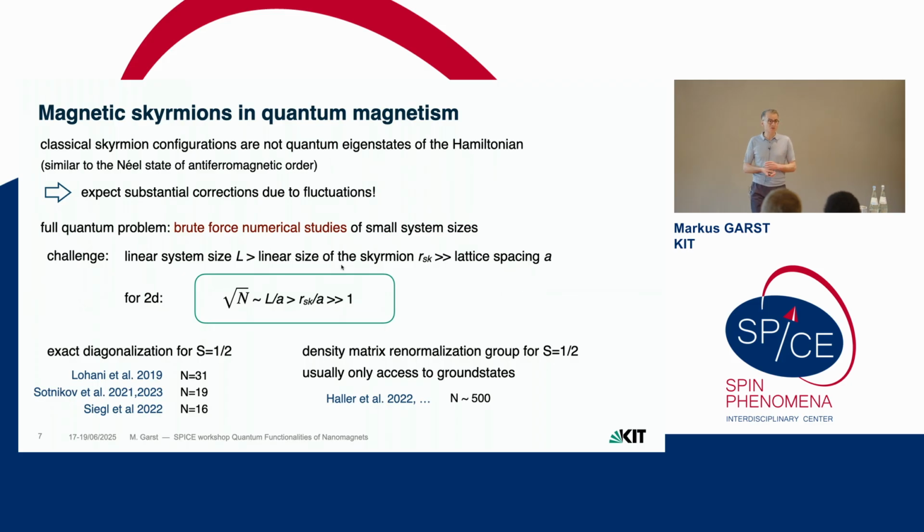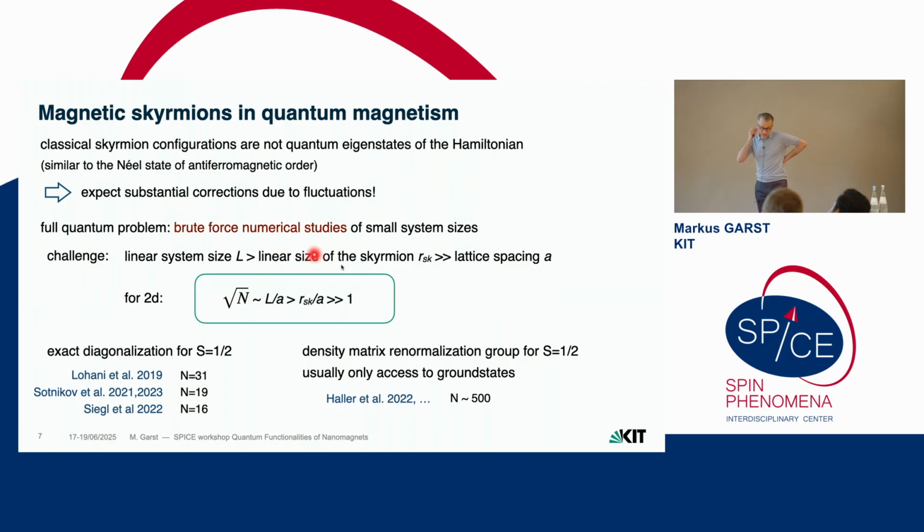This is of course also true for skyrmions. The first attack one could take on that problem is to look at the full quantum problem. The full quantum problem is hard to solve, but one way to do it is to apply brute force numerics: you can look at very small system sizes and treat the quantum Hamiltonian numerically exactly.